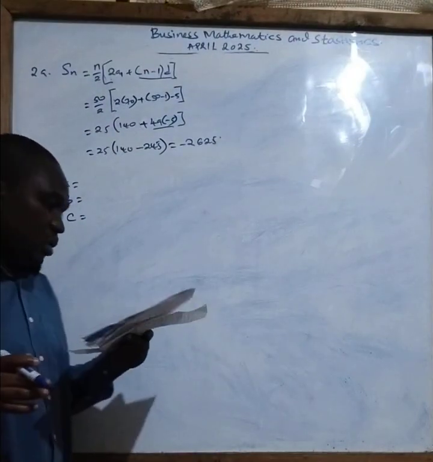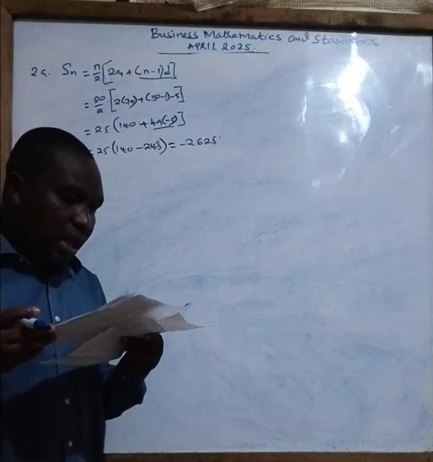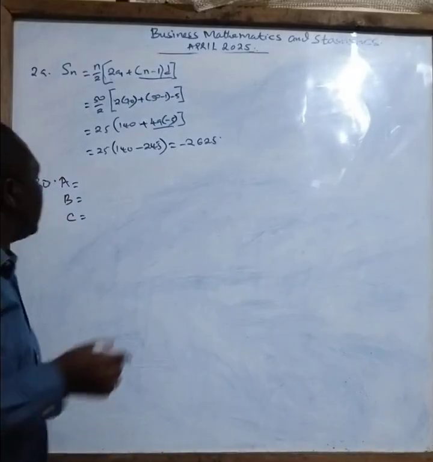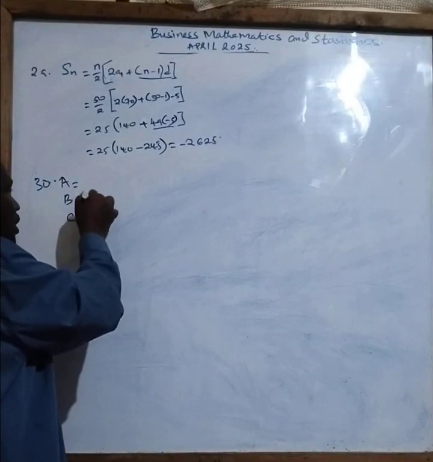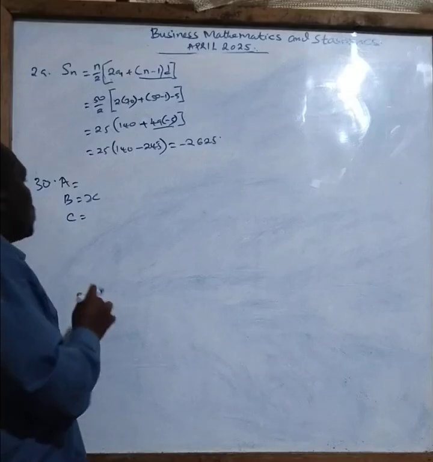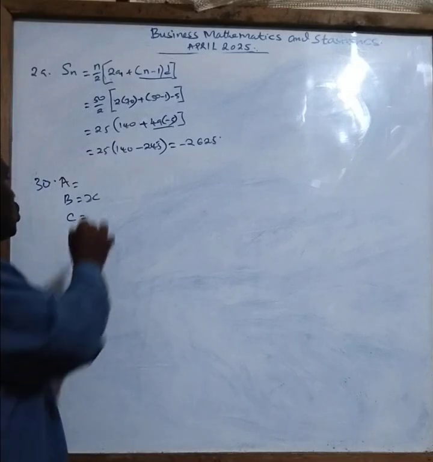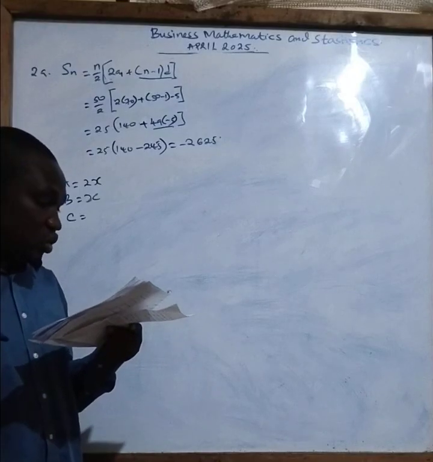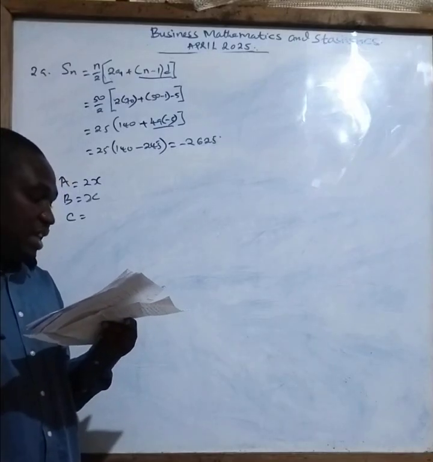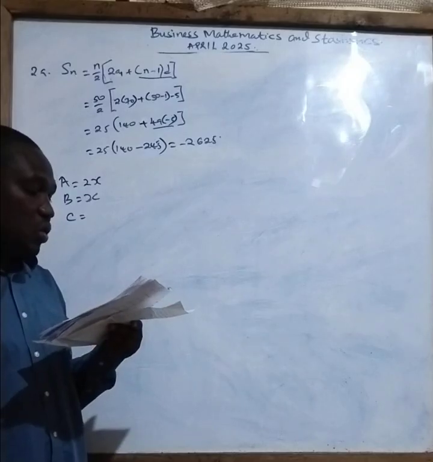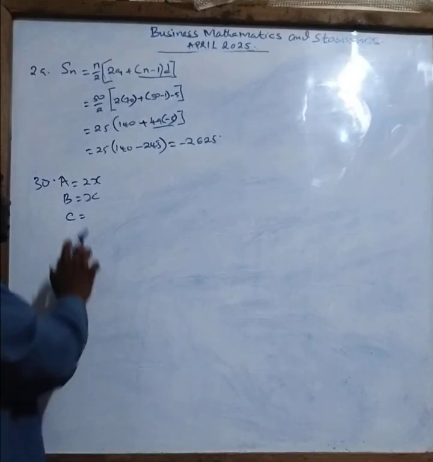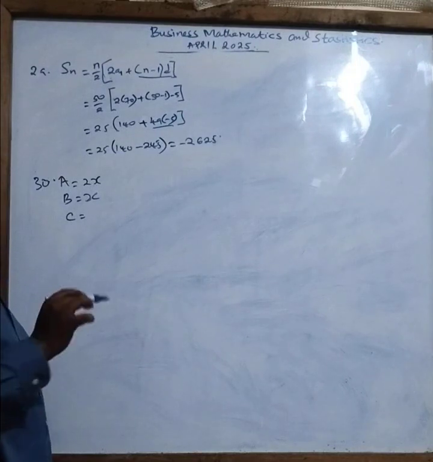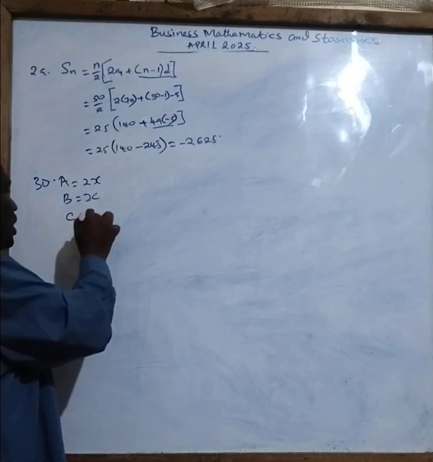So let's go on. A will contribute twice as much as partner B. So we can say let partner B be X, correct? So that partner A will contribute twice B, so it will be 2X, correct? Once you have done that, it continues by saying partner C will contribute 3 times the contribution of partner B. Partner B is contributing X, so C will contribute 3 times that, so it will be 3X.